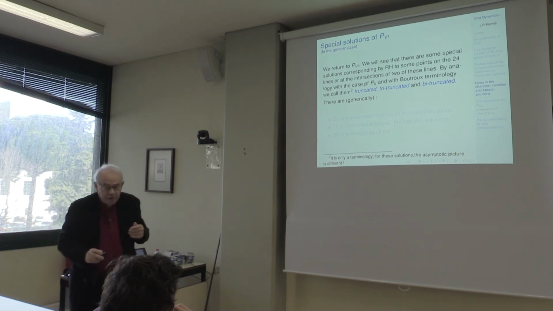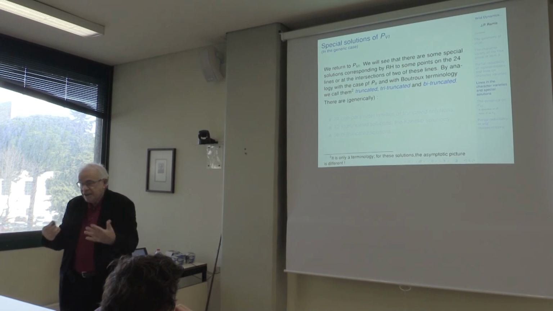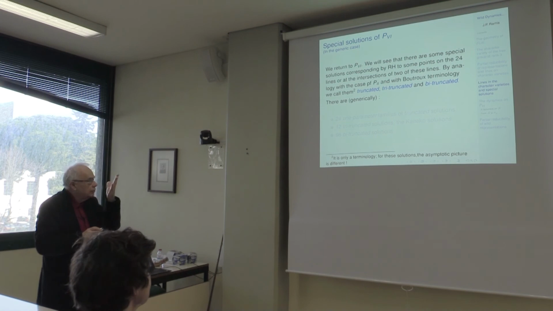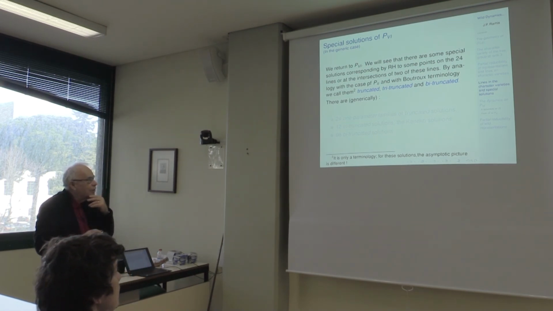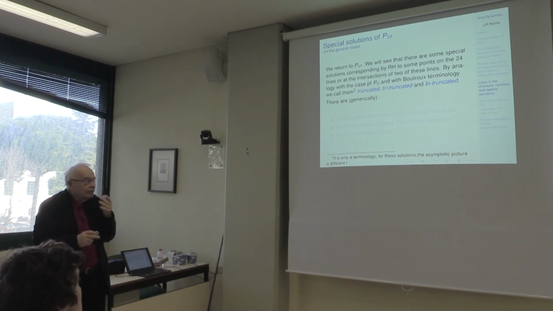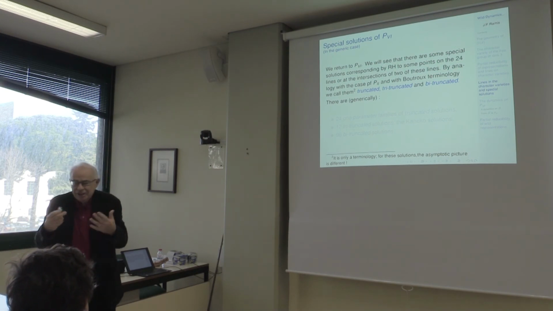Okay, so now I will explain the correspondence between the 24 lines and some special solutions. By analogy with Boutroux's terminology for P2 and P1, we call them truncated, tritruncated, and bitruncated. Of course, they are not truncated, but there is a very nice analogy.